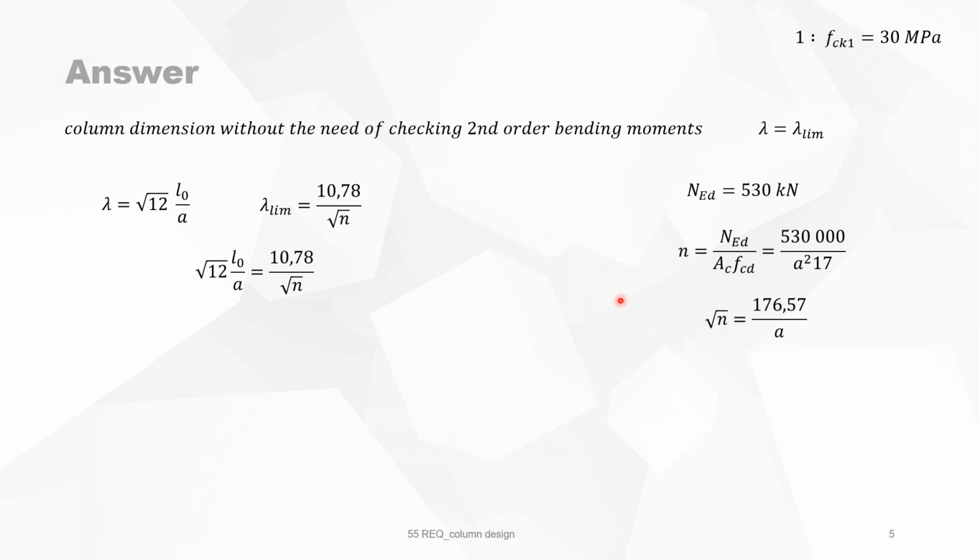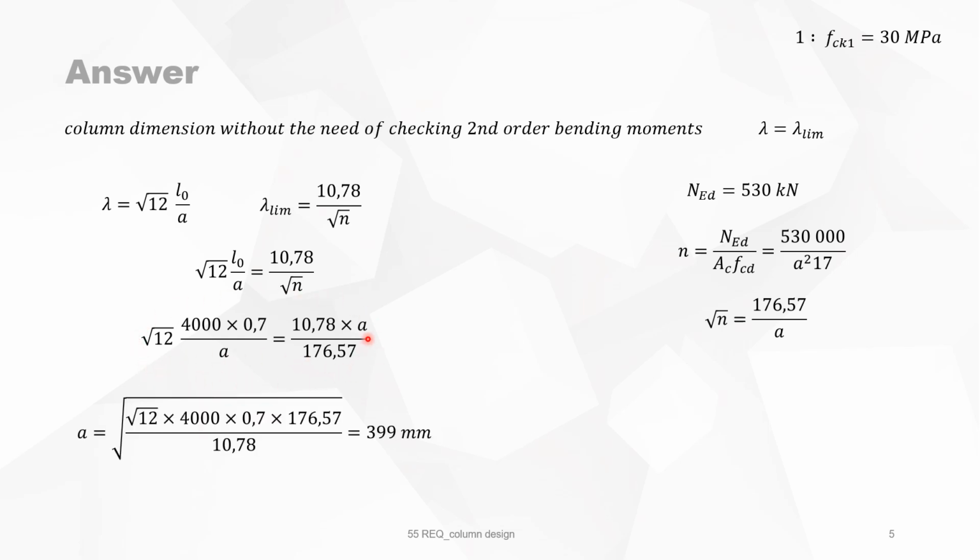So square root of N, because we have square root of N here, is then equal to the square root of this and gives you this expression. So we can now use this in our equation. And from this equation, the only unknown is A. So A is equal to 399 millimeters.